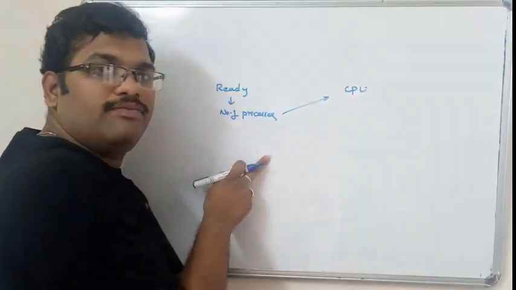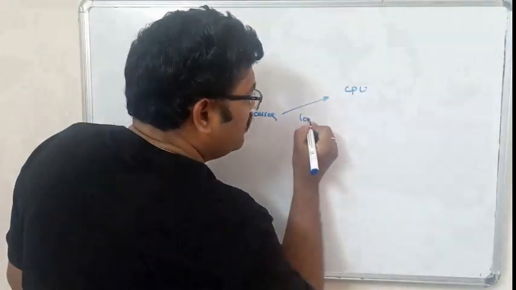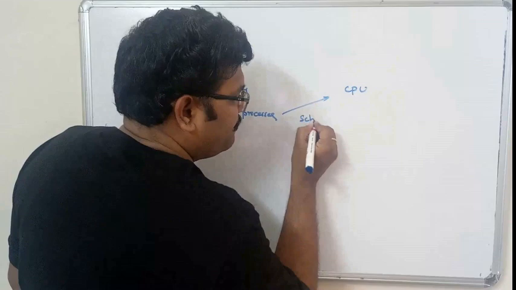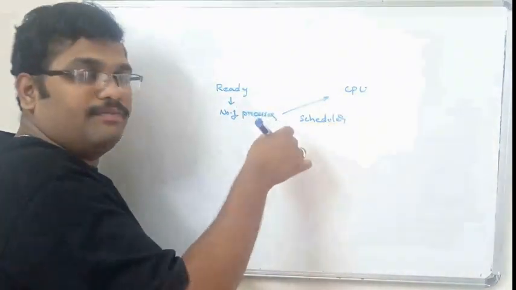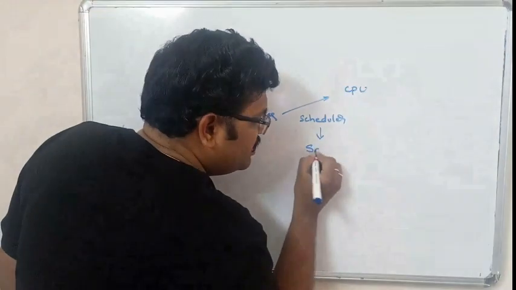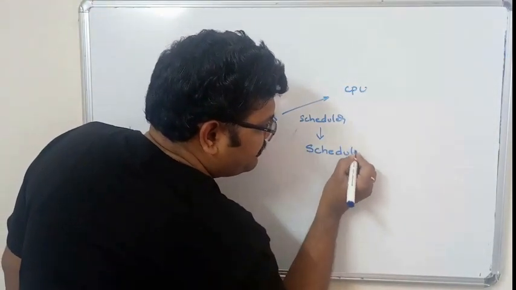This selection of the process is done by the scheduler, right? And this selection will be done by using some scheduling algorithms.